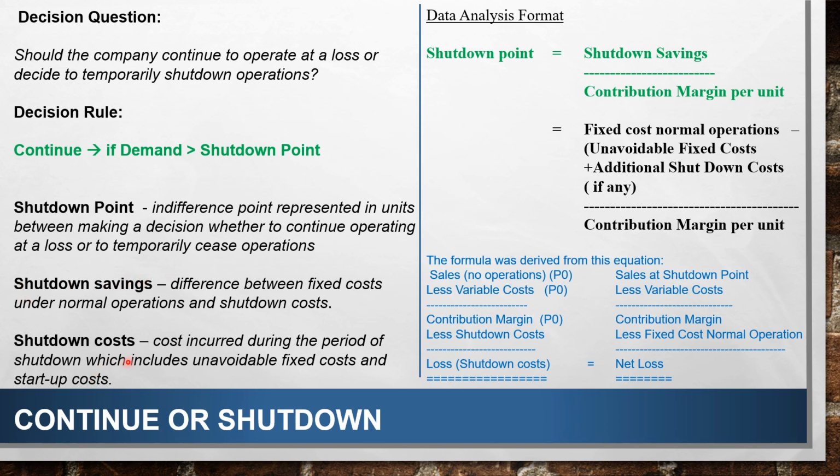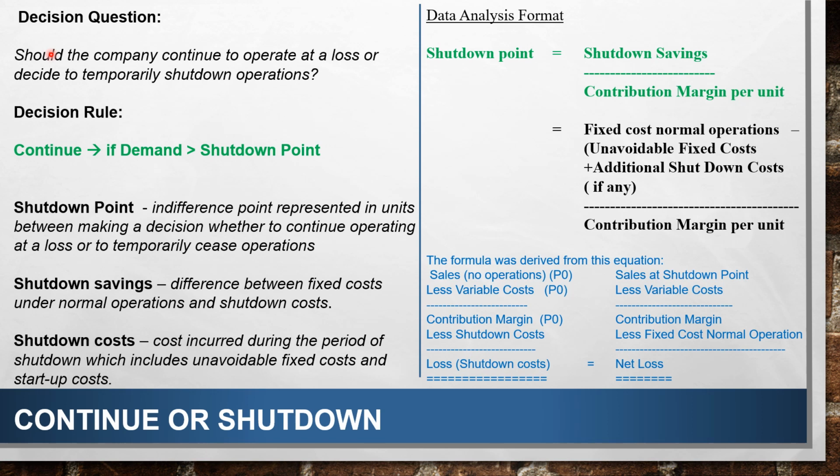Shutdown savings is the difference between fixed cost under normal operations and the shutdown costs. Okay, so we have shutdown costs. These are the costs incurred during the period of shutdown, which includes unavoidable fixed costs and startup costs. Okay, so we have here our decision question. Should a company continue to operate at a loss or decide to temporarily shut down operations?